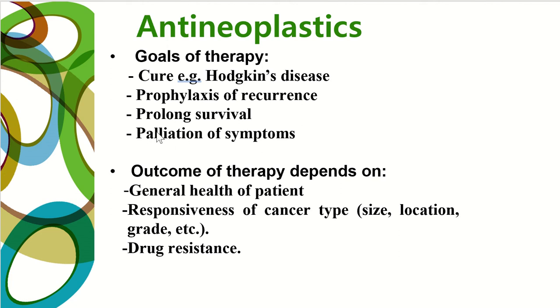And in case we're not able to cure it, we want to be able to be relieved of some of the symptoms. So the outcome of therapy depends on the general health of the patient, responsiveness of cancer type in terms of the size, location, grade, etc., and of course, drug resistance.